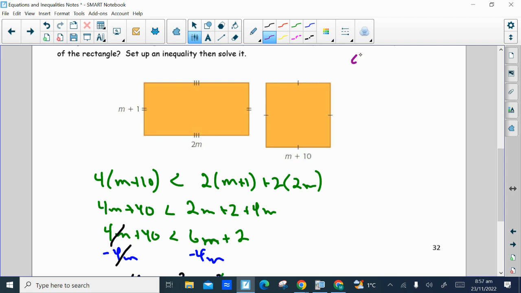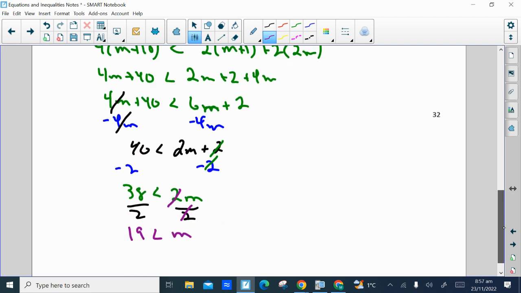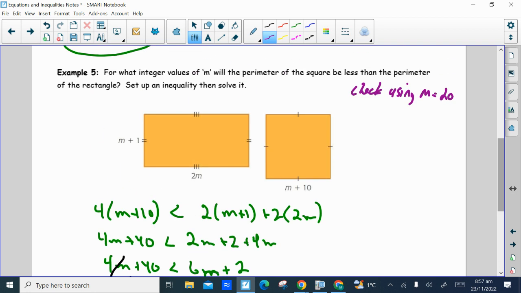So let's check using m equals 20, because m has to be a number greater than 19. So when m is 20, 20 plus 10 is 30. All 4 sides will be 30, which is 120 units.